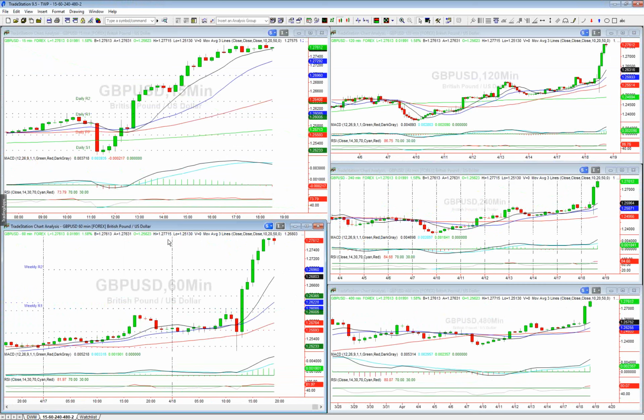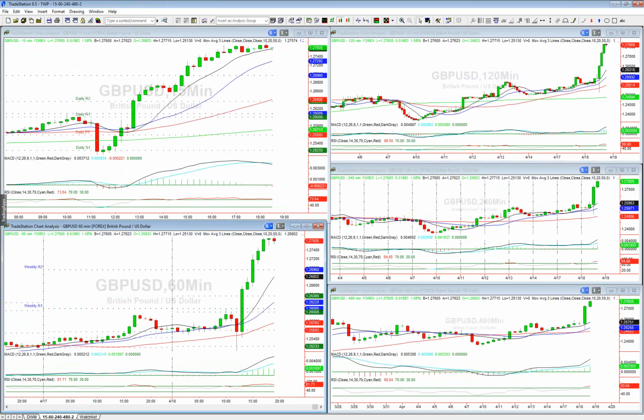Here, if you want to be bullish, you have agreement across a much larger range of time frames. 15 minutes looking bullish, 60 minutes, 2 hours, 4 hours, 8 hours, everything is pointing upwards. So this would be the much cleaner setup for me, just comparing those two currency markets, each involving the British pound.